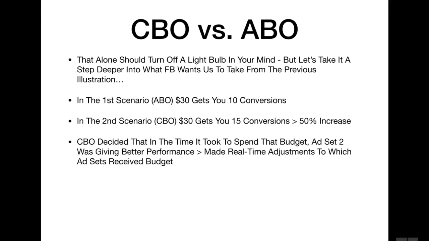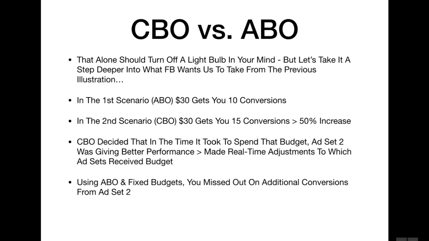That is because CBO decided that in the time it took to spend that budget, ad set number 2 was giving better performance. It made real-time adjustments to which ad sets receive the budget, and on the other hand, using ad set budget optimization and fixed budgets, you are missing out on additional conversions from ad set number 2.